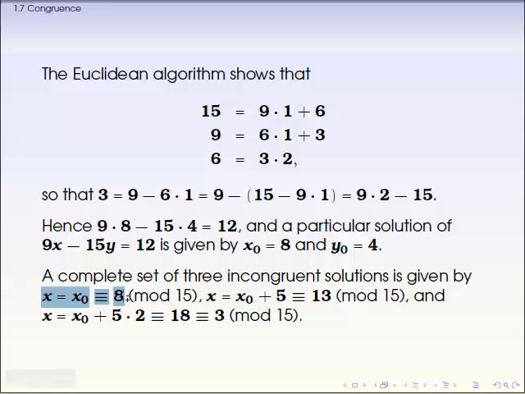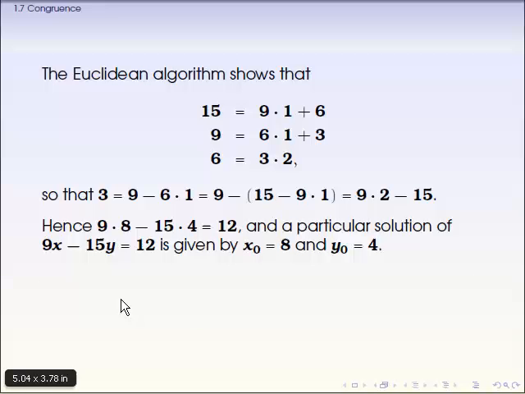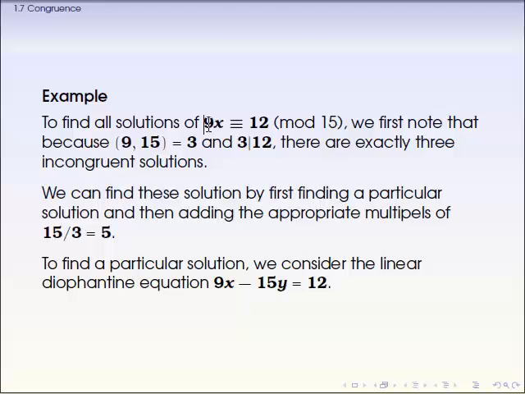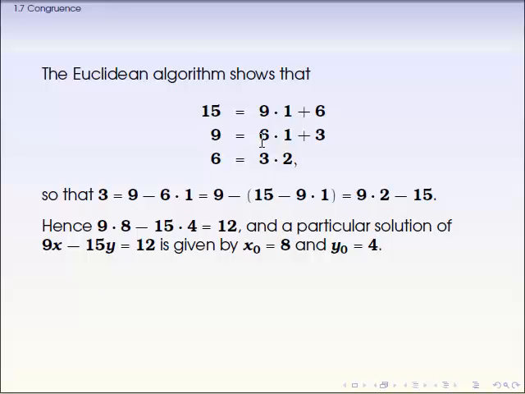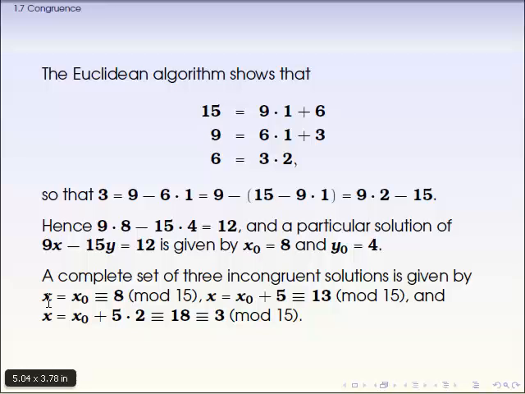So if you add 15, for example 23 is another solution satisfying this equation. And if you add 15 again, it's 38, which is also another solution. So this one solution actually gives us infinitely many solutions, but all these integers are congruent to each other modulo 15.